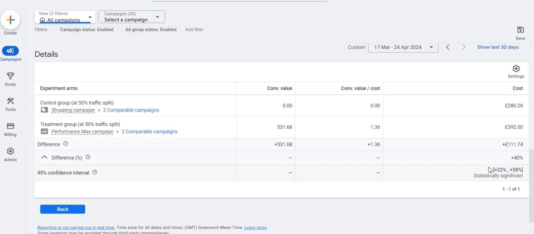You would want something like 25 to 30%, or 45 to 50%, a much smaller range, not such a high range, because if it's so high, then there's a lot of variation, a lot of unpredictability. You would want it to be more predictable, that if I run Pmax as opposed to standard shopping, I would be certain within this level of variation only, say a 5% level of variation, that I'm going to get a certain percentage of lift in revenue.